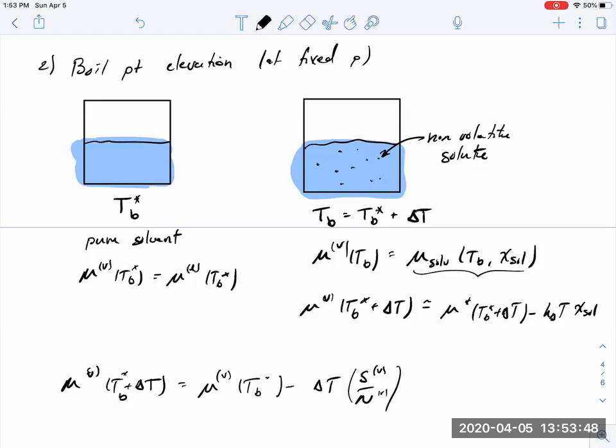Again, that follows just from the Gibbs-Duhem equation that says the change in the chemical potential with changing temperature is just the entropy per particle. If I make a small change in the temperature, then that change in the chemical potential is linear in that delta T times the entropy per particle.